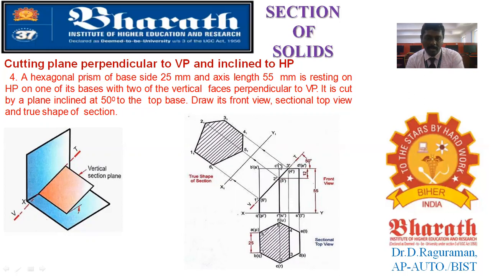It is not cutting DS, only the top surface, at C to D. So 1 is where it cuts B to Q, 2 is C to R, and 3 is at C to D. Then at the back side, E to F is 4, F to U is 5, and A to P is 6. You will mark those points in their respective positions on the projection. Where it is cutting, you can identify it here itself and check whether you are marking the same point on the same surface or not.